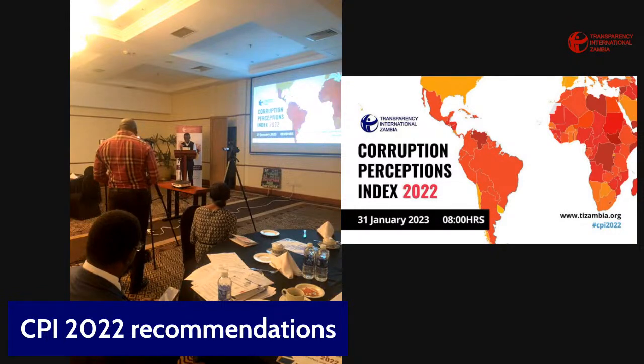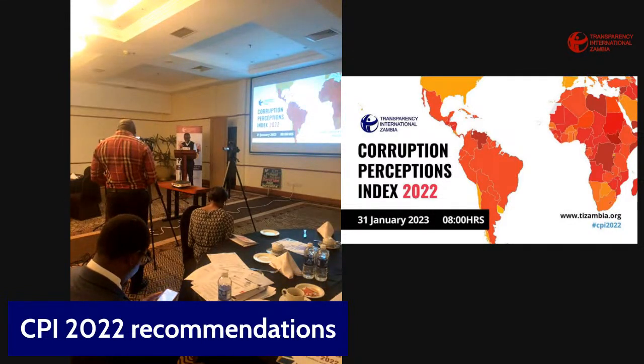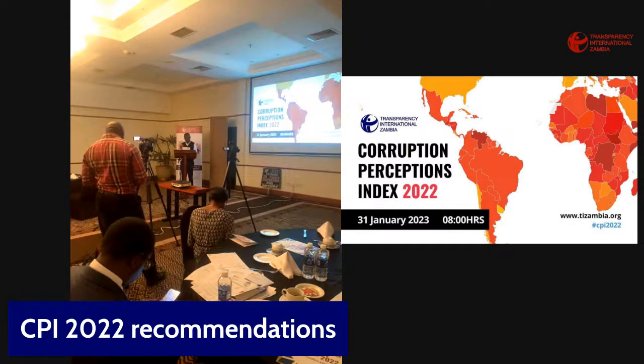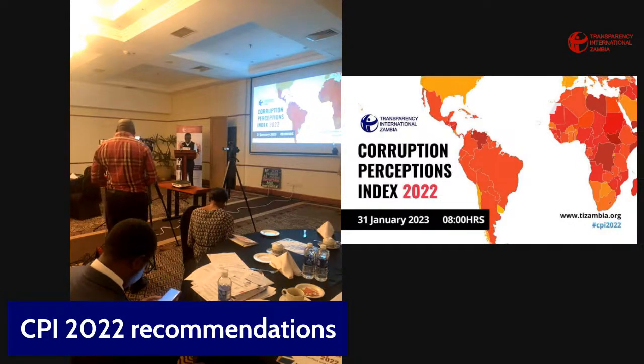Distinguished ladies and gentlemen, the 2022 CPI for Zambia indicates that the country has maintained its score of 33 out of 100 as compared to 2021. This is below 50. This outturn is against political assurance from the UPND administration that they would improve in the fight against corruption, resulting in the improved CPI score for Zambia.